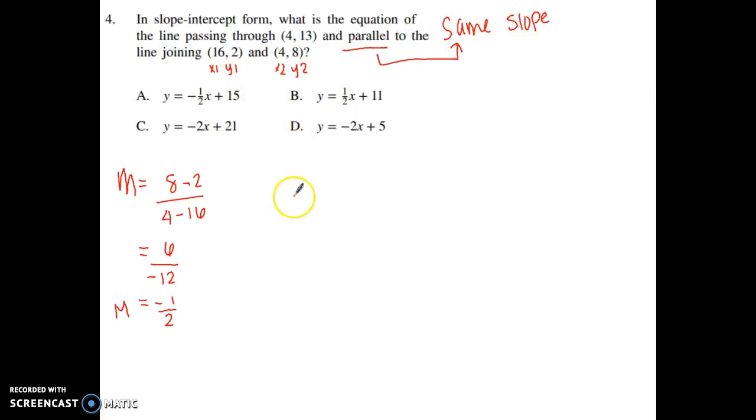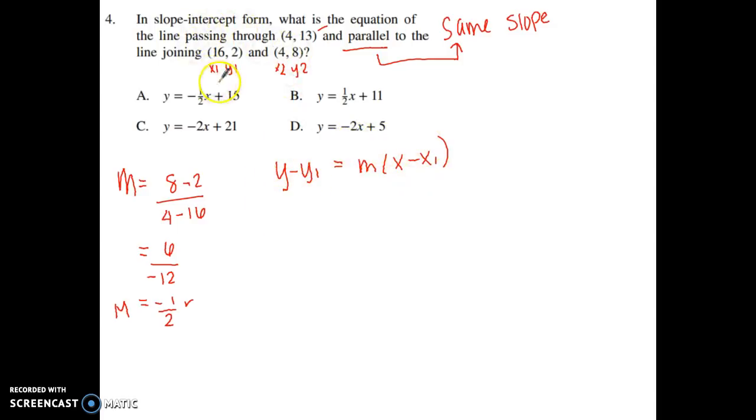At this point, we are going to put it in our point-slope form because we have a point, we have a slope, so that is our equation that we are going to use. So we're going to say y minus y1 is equal to m times x minus x1. So we have all that we need so far.